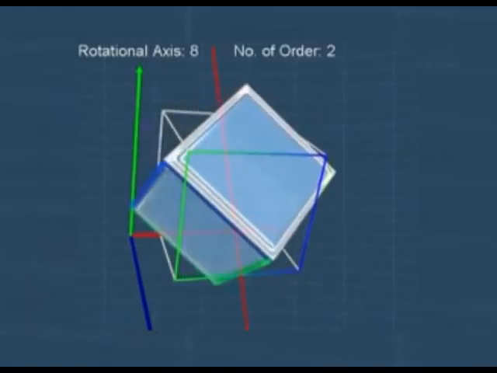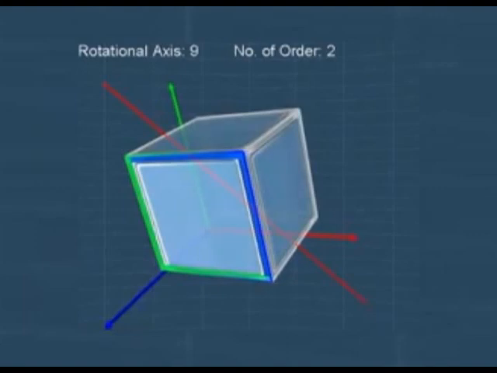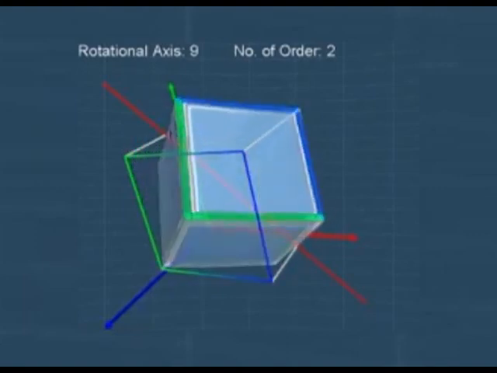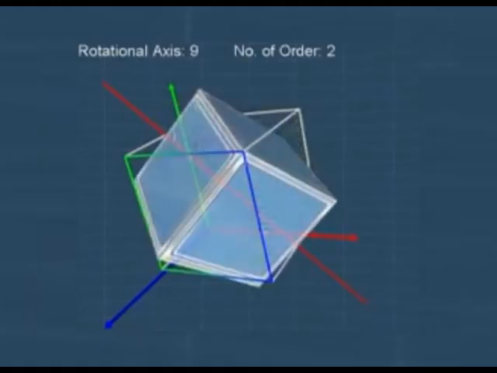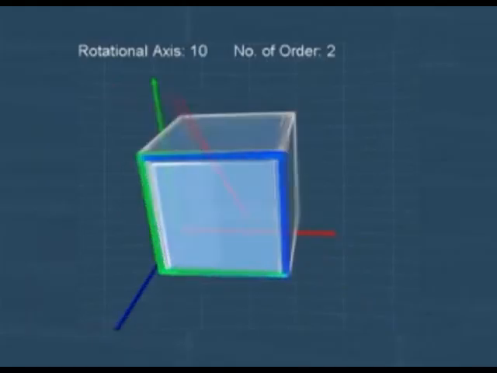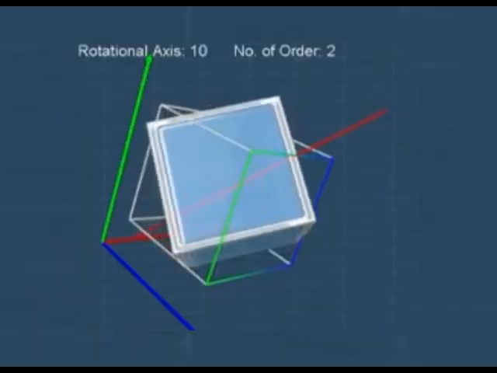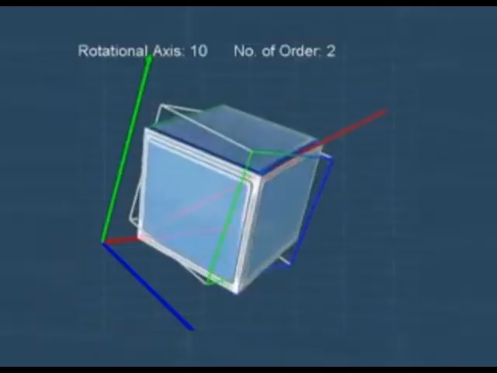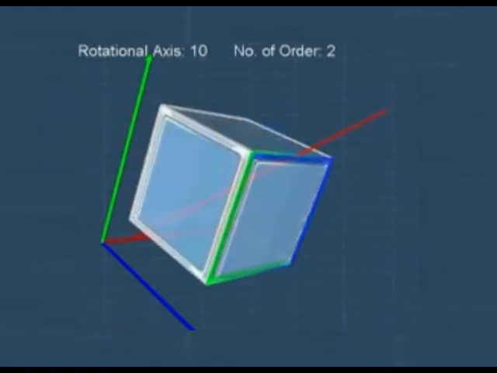For the eighth axis, it has order of 1, 2. For the ninth, the order is 1, 2. For the 10th one, this axis has the order of 1, 2.